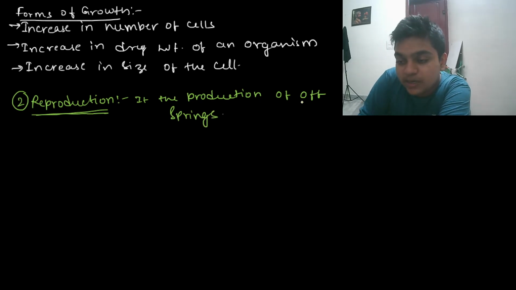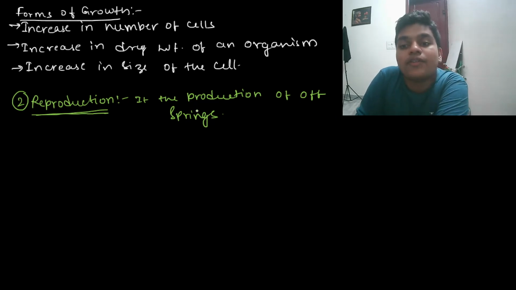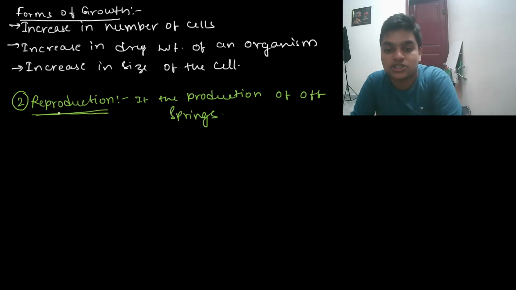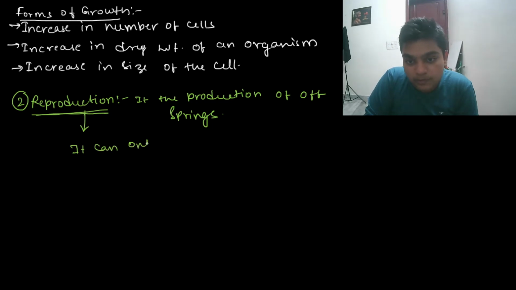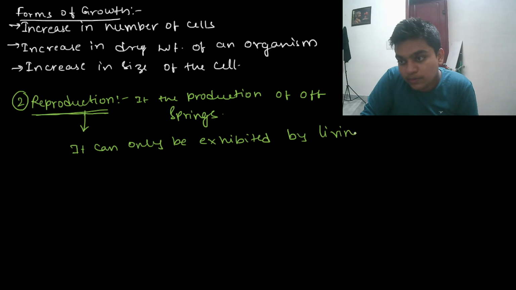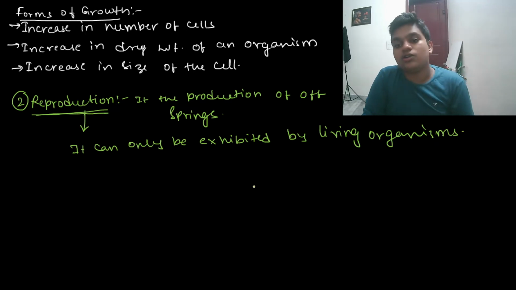Whether this offspring is similar to the parent, that is asexual reproduction, or different from the parent, that is sexual reproduction, it doesn't matter at all. It is the production of offspring, that is reproduction, and this characteristic can only be exhibited by living organisms, not non-living things.